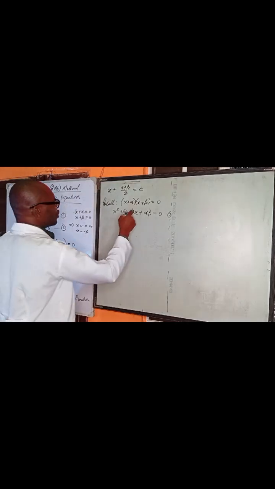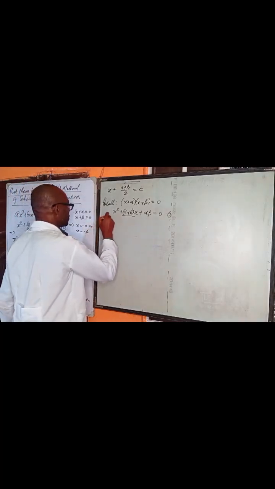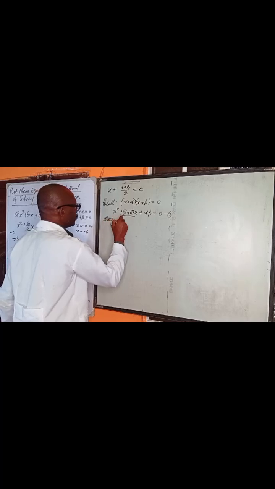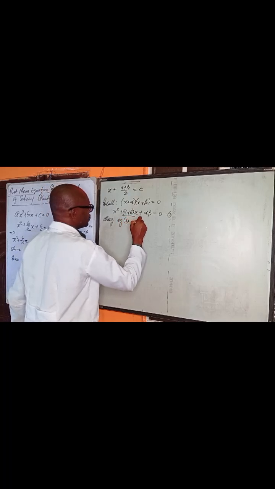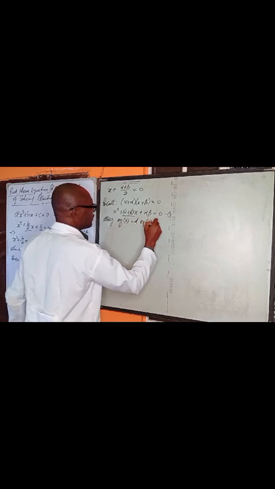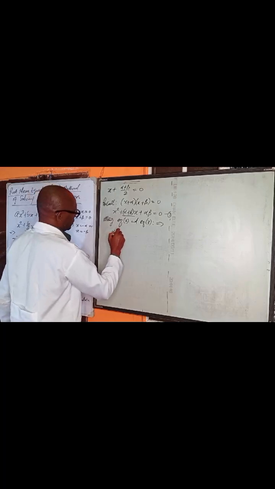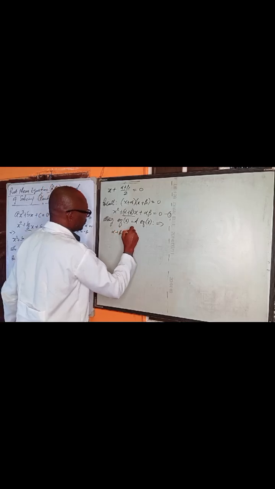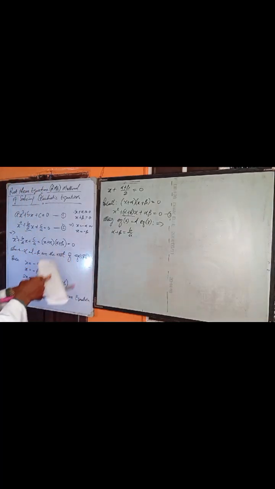You find out that the coefficient of x here is alpha plus beta, and the coefficient of x here is b over a. So, using equation 2 and equation 3, it implies that alpha plus beta is equal to b over a.